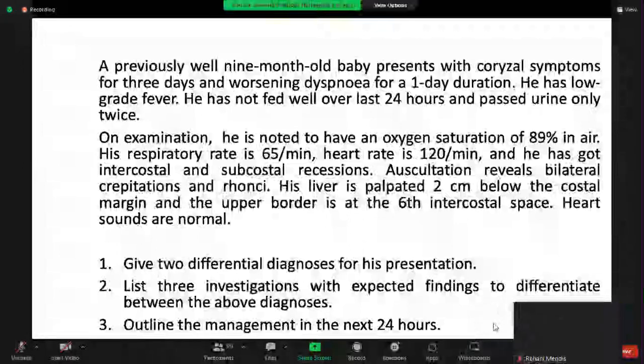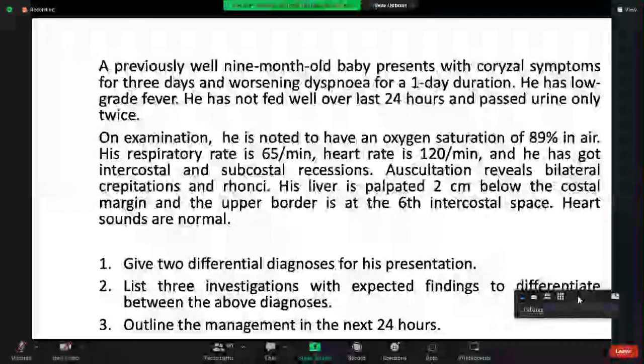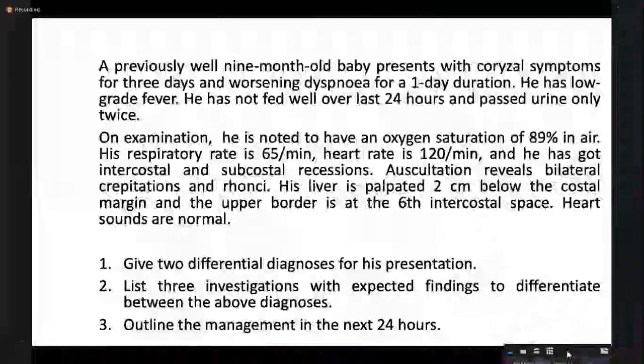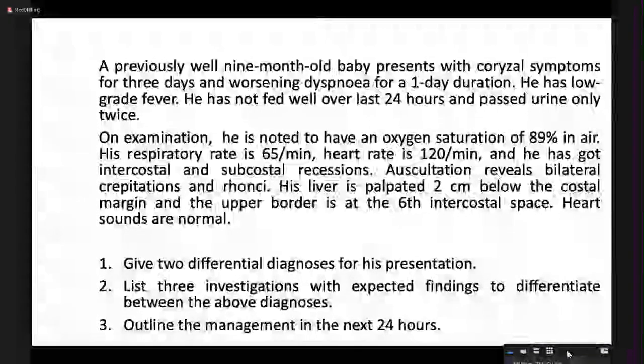All right. So Sujan, let's first discuss the history. Analyze this scenario with your keywords, and tell us what you understood from this case. Madam, can I read it now? Of course. A previously well 9-month-old baby presents with coryzal symptoms for 3 days and worsening dyspnea for 1 day. He has low-grade fever. He has not fed well over the last 24 hours and passed urine only twice.